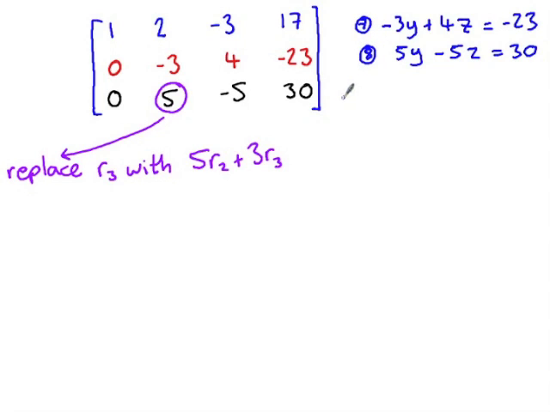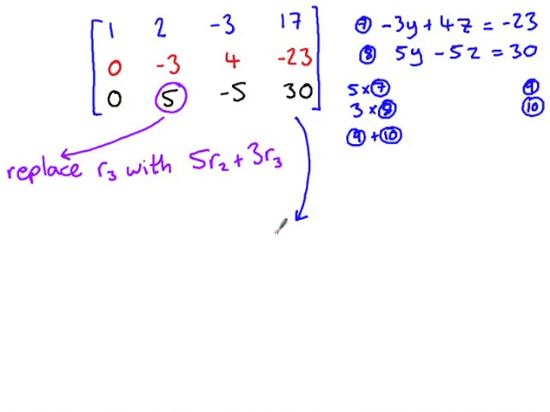It'd be like saying, all right, we want 5 lots of equation 7 and 3 lots of equation 8, and we'll call those equations 9 and 10, and then we'll add them together. So that would be 3 lines of working in equation form. But in matrix form, we can do this all in one go.